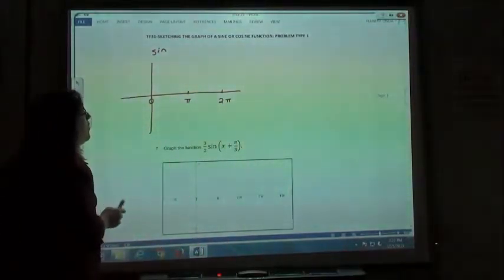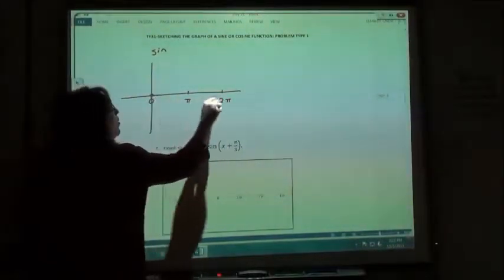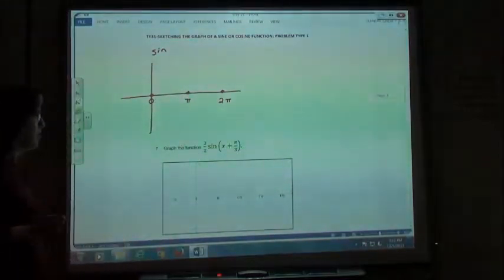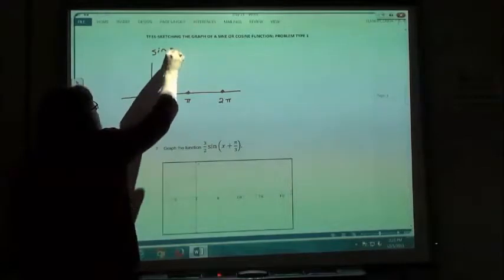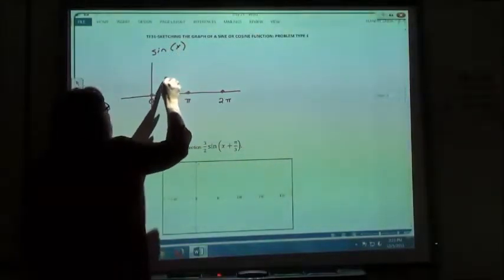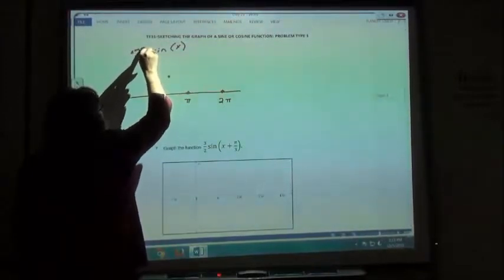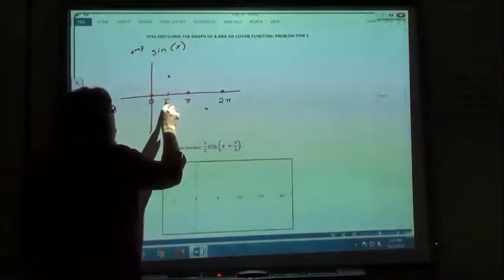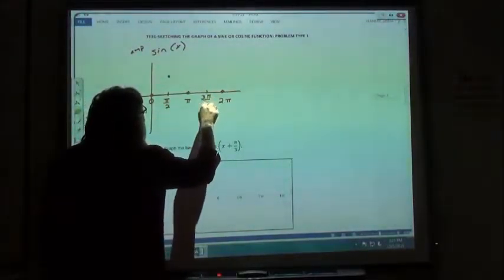On the sine curve, at the beginning and the end, you are at 0, and halfway between there, you're also at 0. For the sine function, it is going to go up the amplitude and down the amplitude halfway between. So this would be pi over 2, and this would be at 3 pi over 2.